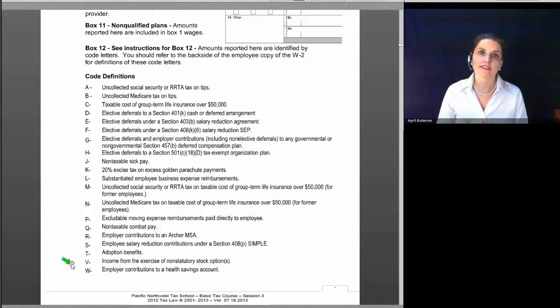But the tricky part is not all employers do that, and the law does not require an employer to do it. So a code V could mean that you're expecting a 1099-B, and if there is a 1099-B, you need to address it. But it could also mean that there is no 1099-B because they're not required to issue it. And I find about 70% of the time the 1099-B is issued, and about 30% of the time it's not. So it should have your alarm bells working.